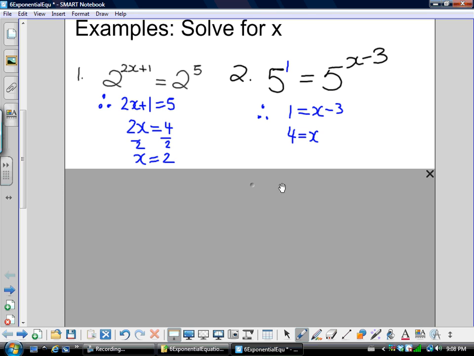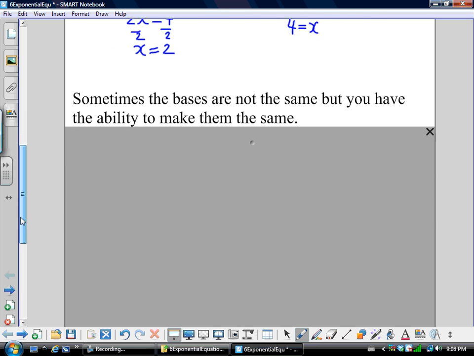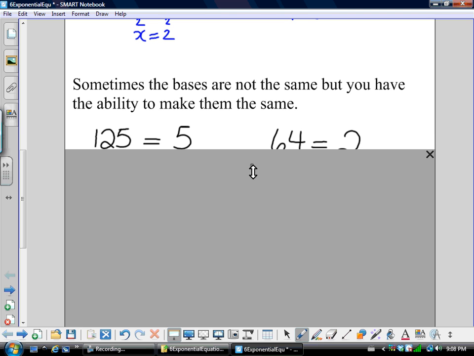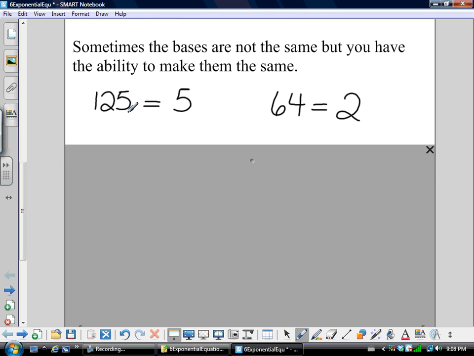Okay? Now as we go on, what happens is sometimes the bases are not the same, but you do have the ability to make them the same. You can change them. So here's an example of what I'm talking about. So if I have one base as being 125, but the other base is 5, and I want the base to be 5, I should say.